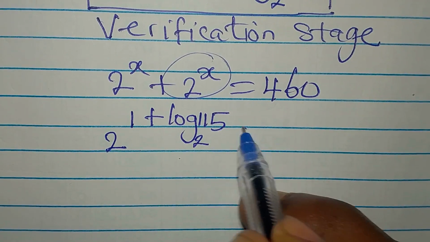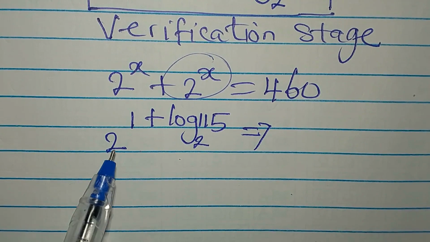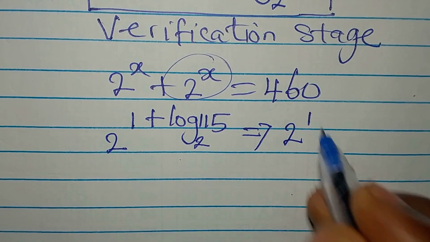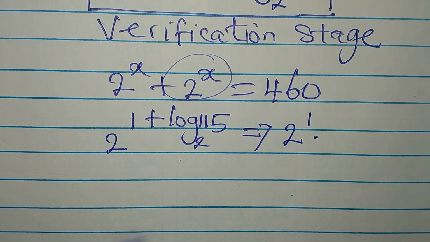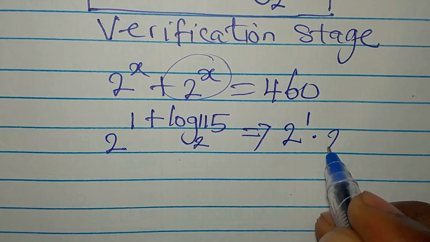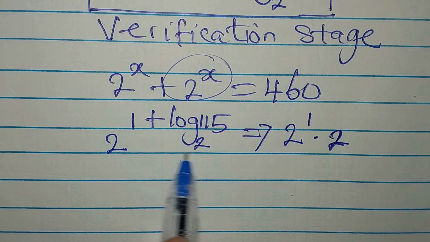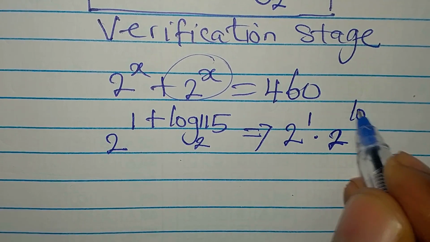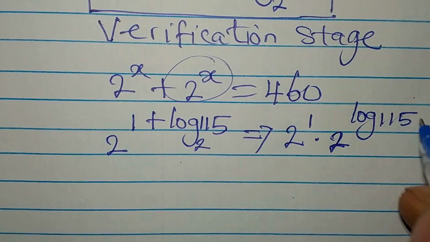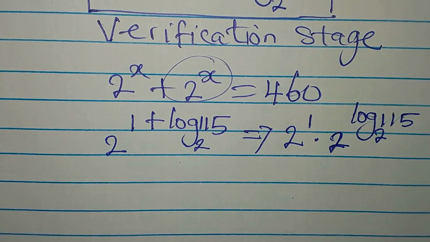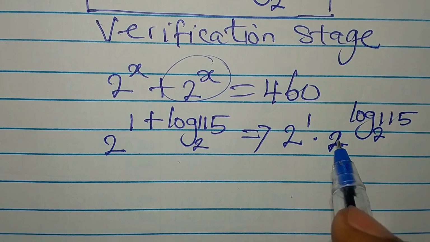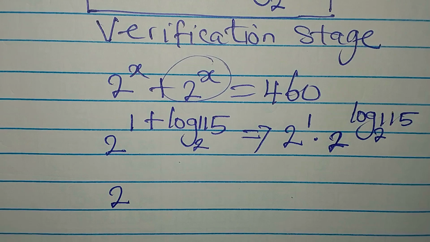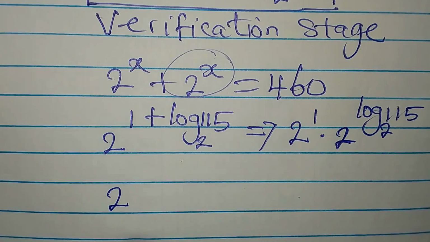To simplify this, the 2 here has 1 as the power, so we have 2 to the power of 1, then multiplied by the same 2, with the whole of this as its power. We now have log 115 to the base of 2. Now 2 to the power of 1 is definitely 2, because any number to the power of 1 is itself.